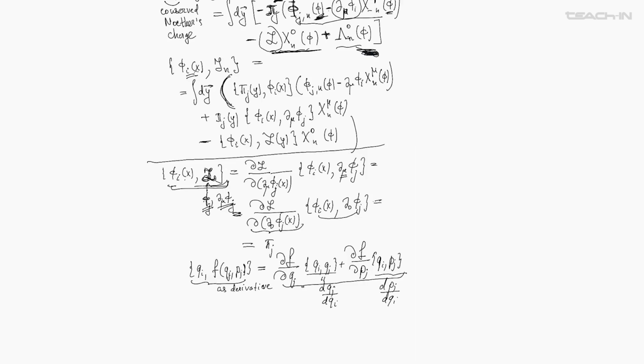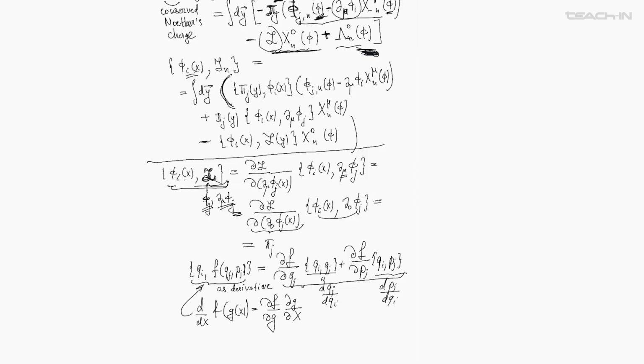By this, I mean that if you have a function f of g of x, you say, I'm doing df over dg, dg over dx, right? This is how you would compute it. And since this Poisson bracket acts as a derivative in the sense of the Leibniz rule, that's what you do here.